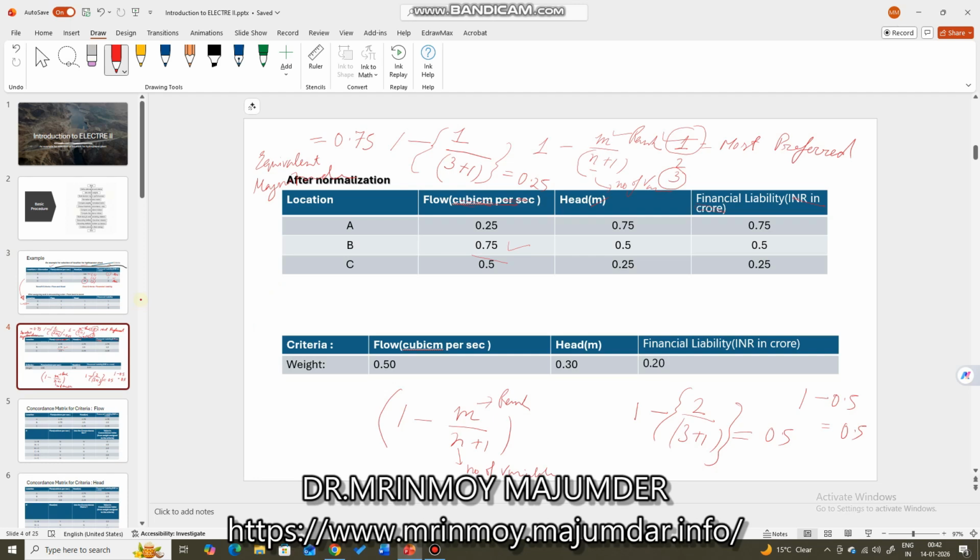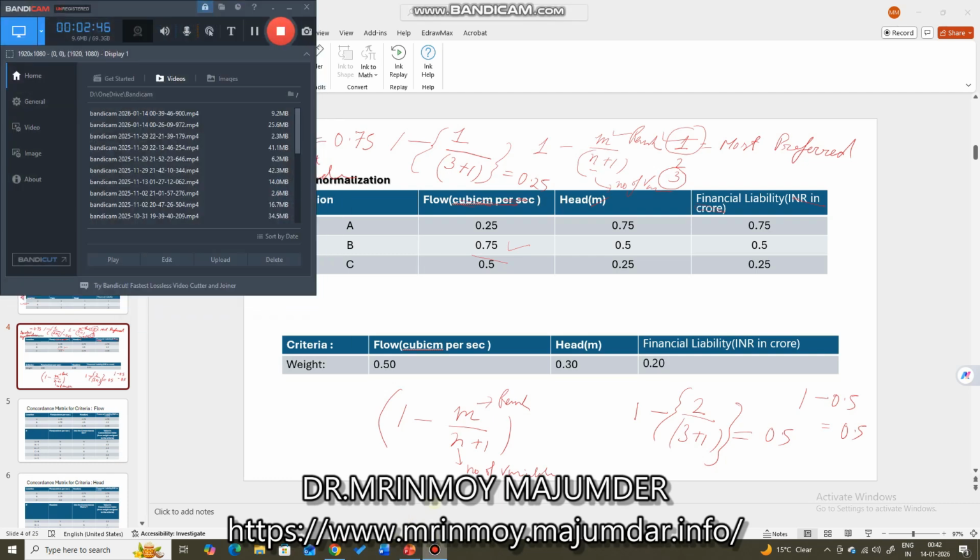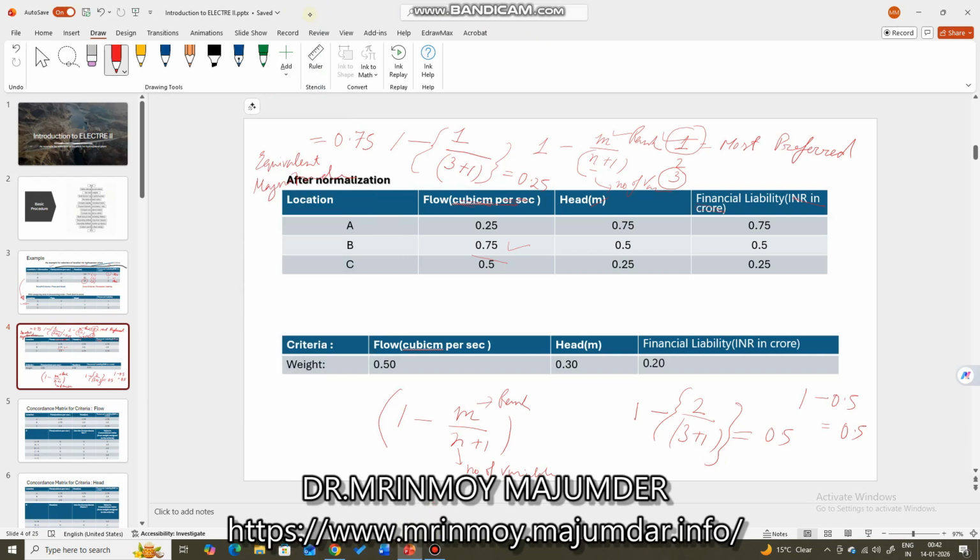So here I have assigned the maximum weight to flow, followed by head, and lastly financial liability. But it may happen that for another decision maker, financial liability can be the maximum weight, followed by flow and then head. So it depends upon the decision maker.